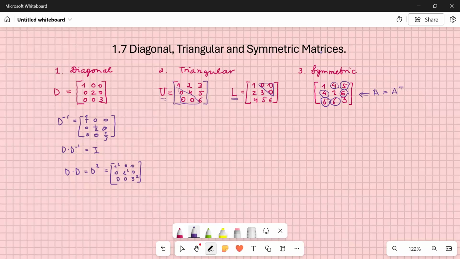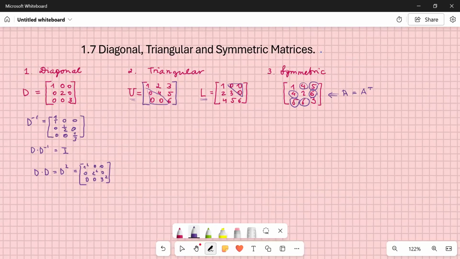We are going to have them sometimes, but there are not many things we want to know about them. Triangular matrices. What is interesting about them? Well, the first fact about triangular matrices is that if you take an upper triangular matrix and transpose it, you are going to have a lower triangular matrix. Let's imagine that you transpose this specific one.